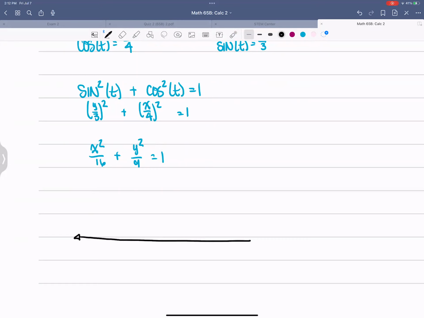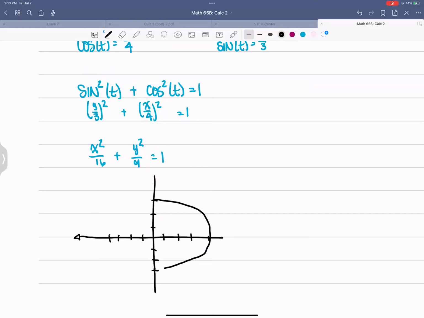X goes up 1, 2, 3, down 1, 2, 3, and out 4 units, 1, 2, 3, 4. And there we go. We have 4, -4, 3, and -3. And that's the graph here.